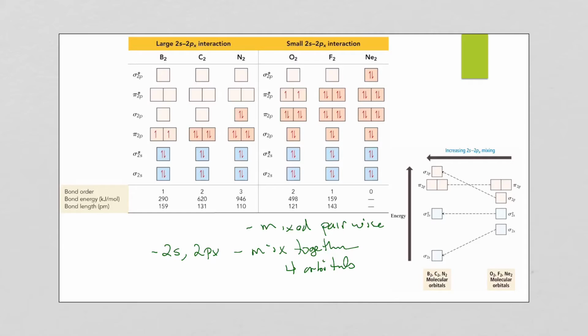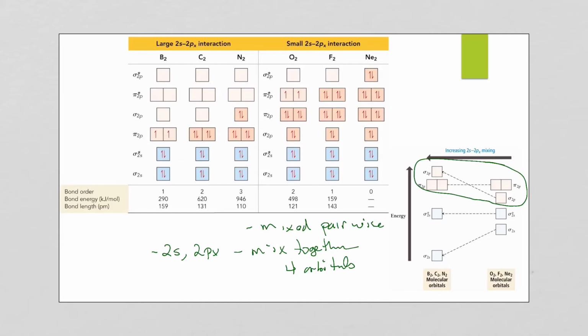Whereas in the early elements, we're seeing more mixing, and the result is the sigma 2p gets higher in energy than the pi 2p. So we see a flip-flop of these energies based on the amount of mixing.